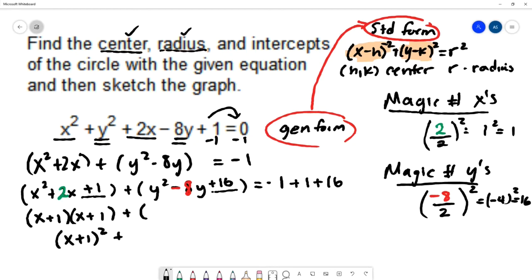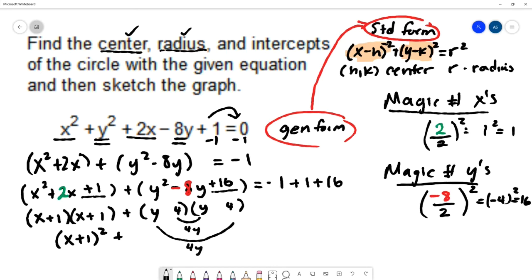For the y group, we have a trinomial, and we want to factor it into binomials. y times y will give me the first term of y squared. 4 times 4 gives me the last term of 16. The inside and the outside are 4y and 4y.